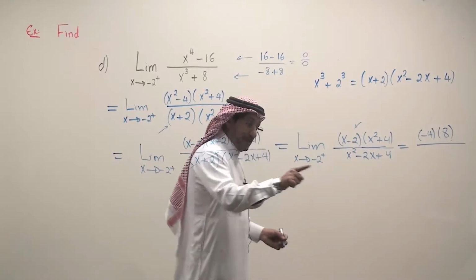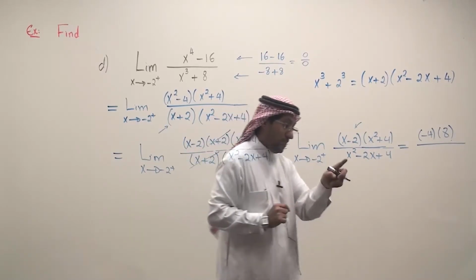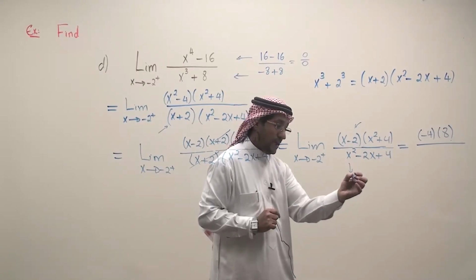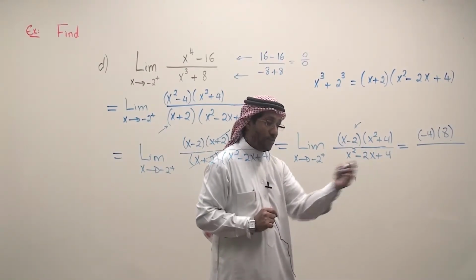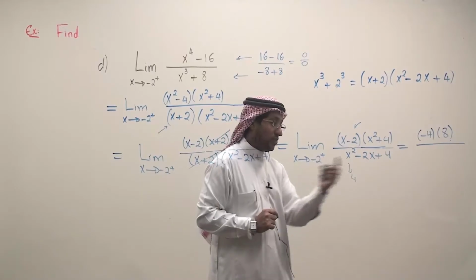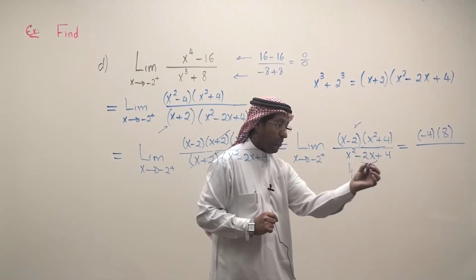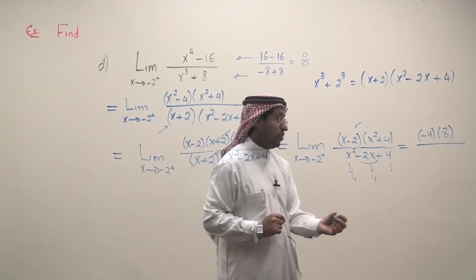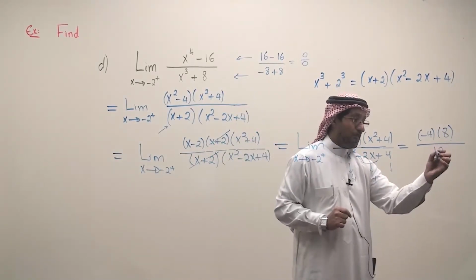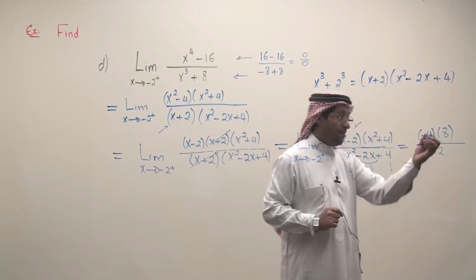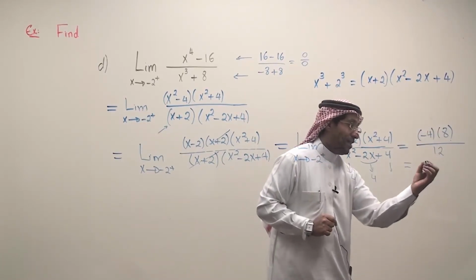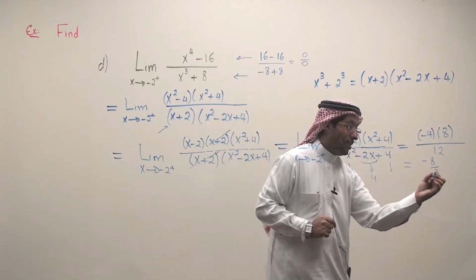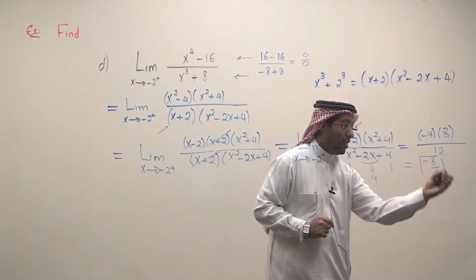And here when x goes to negative 2, this will go to 4, and negative 2 times x goes to negative 2, so the whole thing will go to 4. And this one is 4, so you have 12. Now you can simplify 4 and the 12, you have 1/3, so this will be minus 8 over 3. So this is the value of the limit.